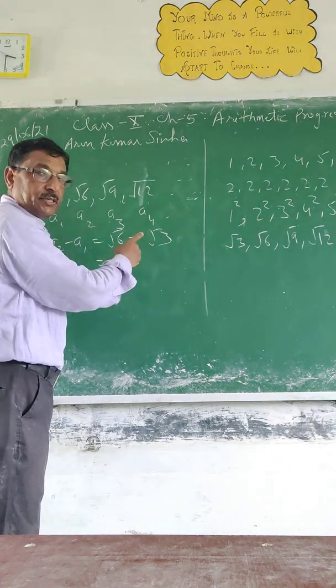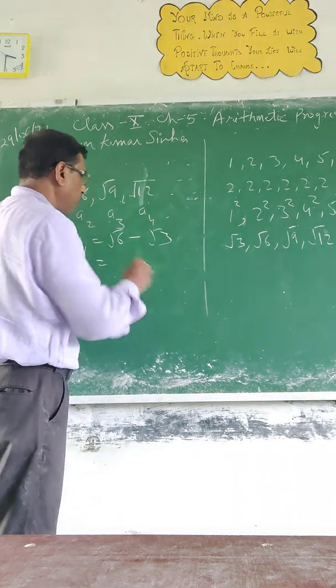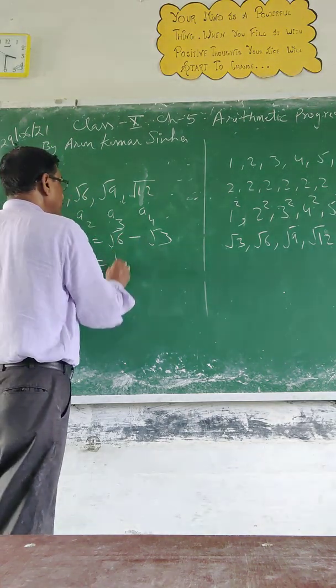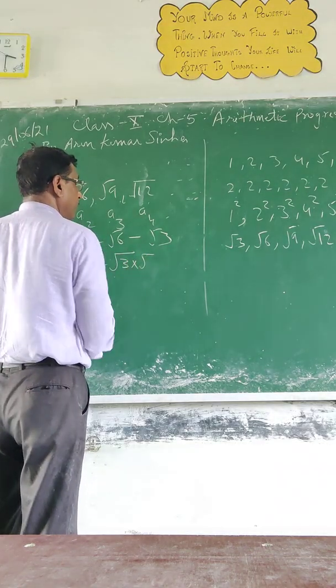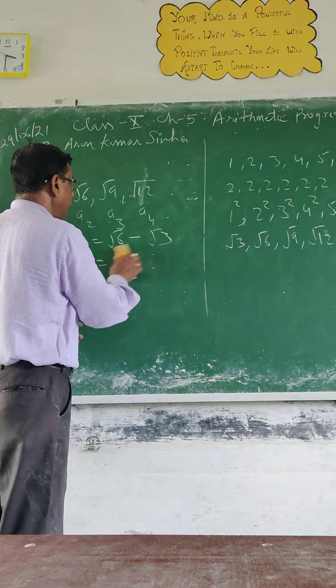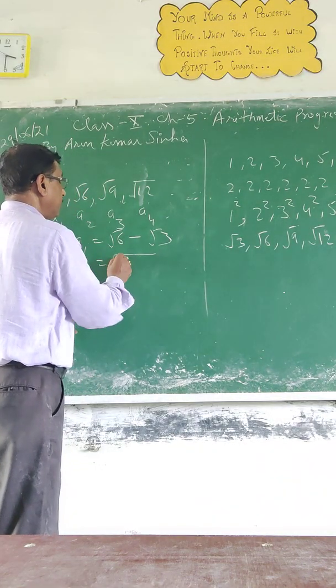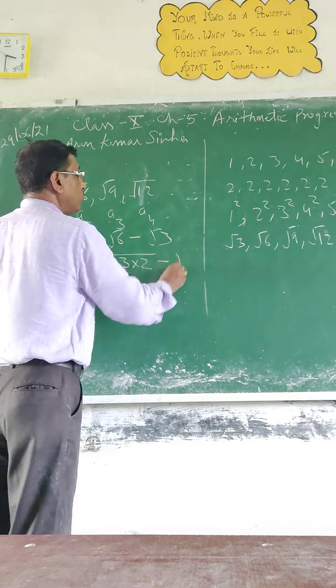Now factorize it. You apply the property of square root. Root 6 is root of 3 into 2, minus root 3.